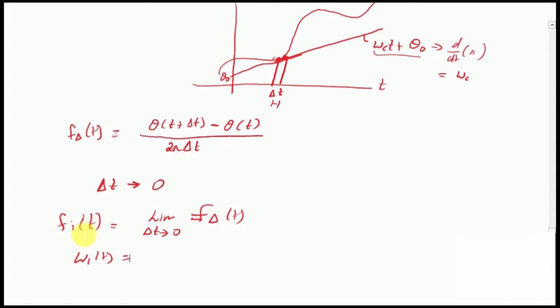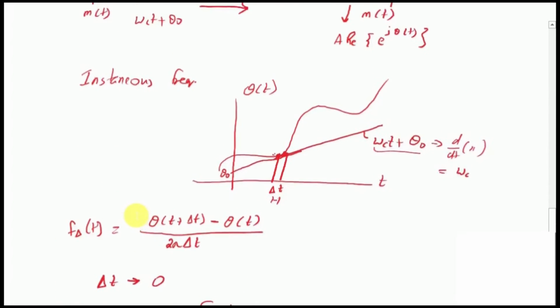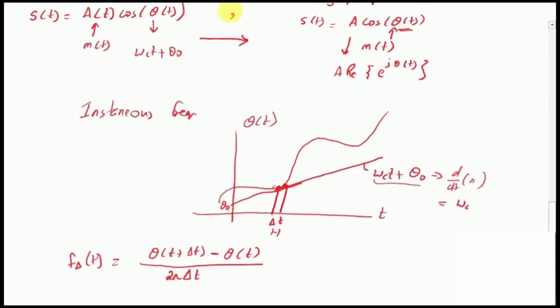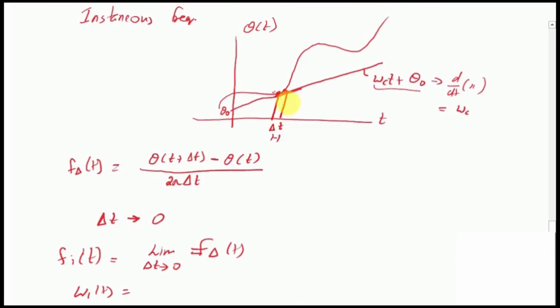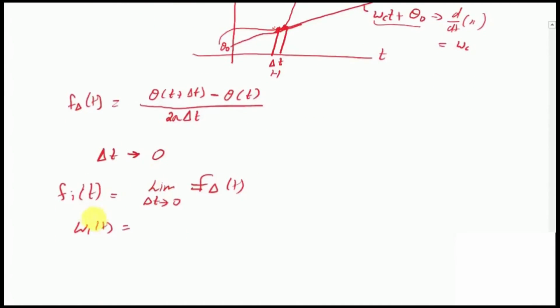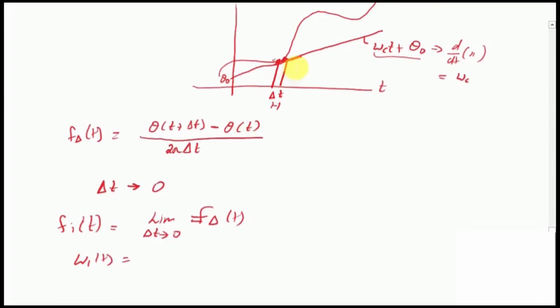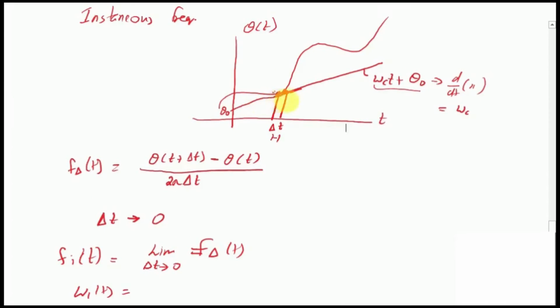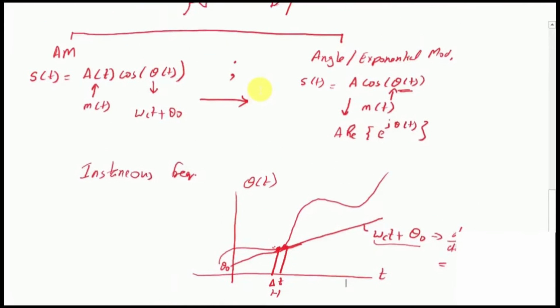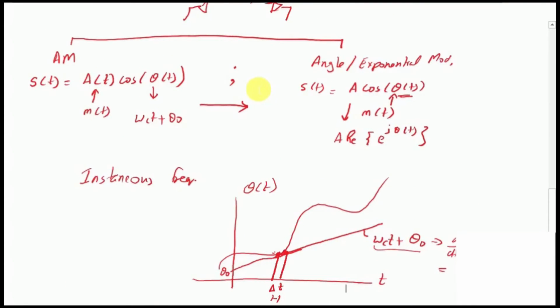So we are interested in this instantaneous frequency when we are talking about frequency modulation. So the instantaneous frequency omega i of t or fi of t is basically equivalent to the general angle over this interval. Now from this we get an explicit expression of instantaneous frequency with respect to the generic angle.